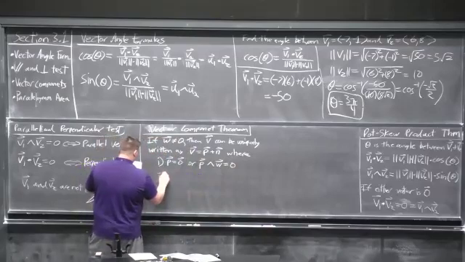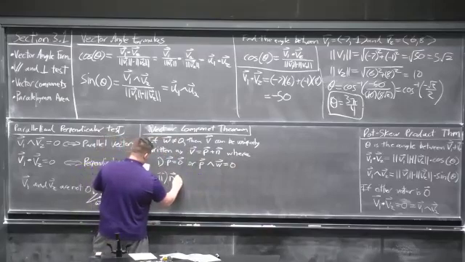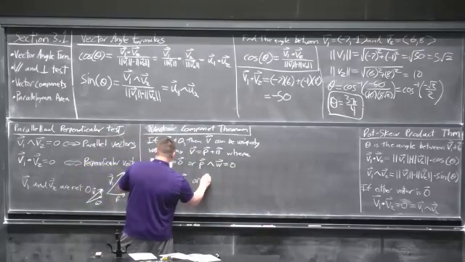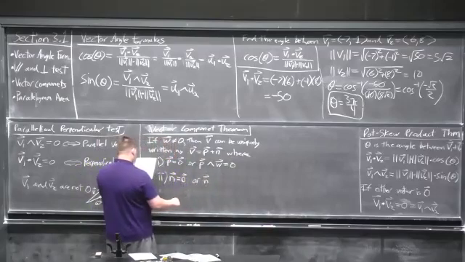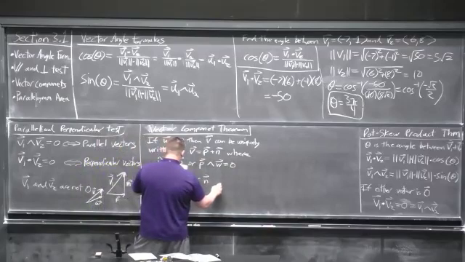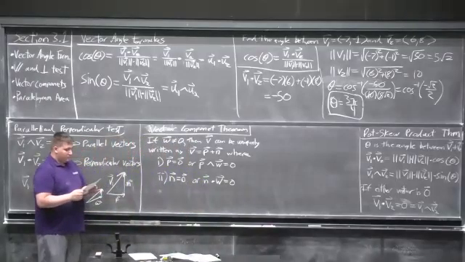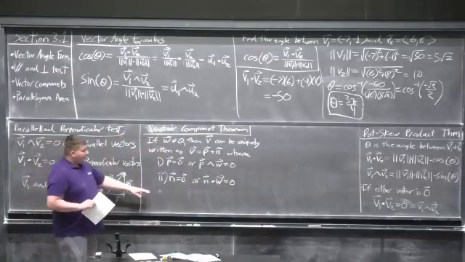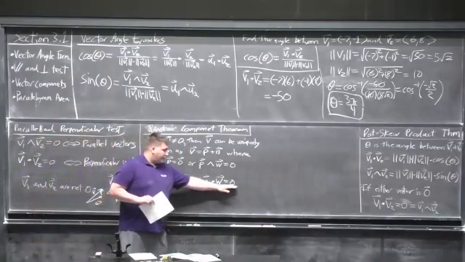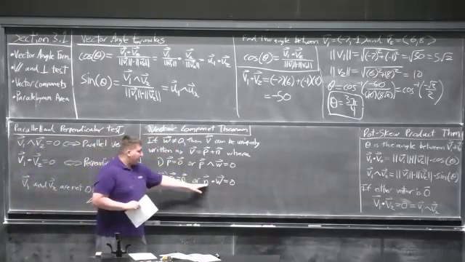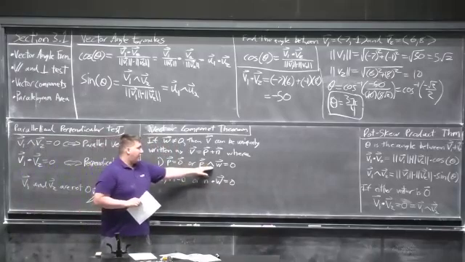And then 2, vector N is a 0 vector, or vector N is perpendicular to W, or in this case, I'm going to put dot product with W. So N is perpendicular or it's 0, P is parallel or it's 0.